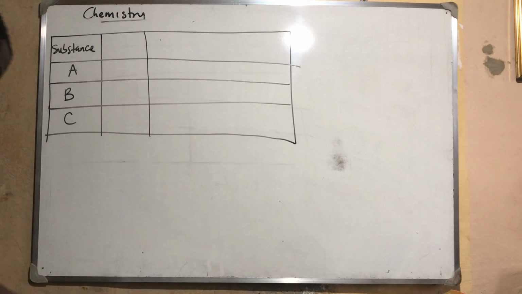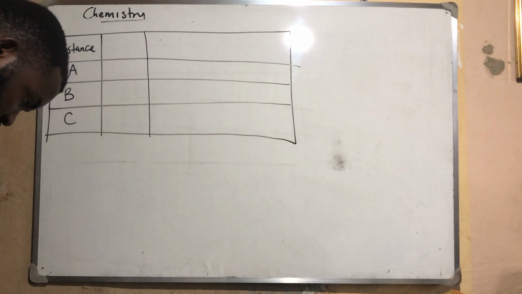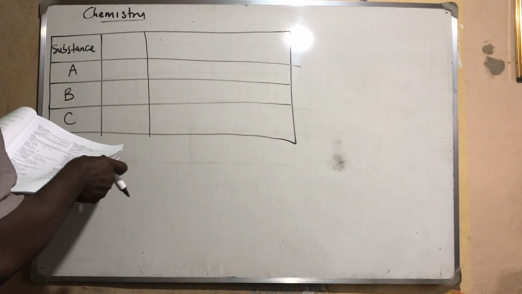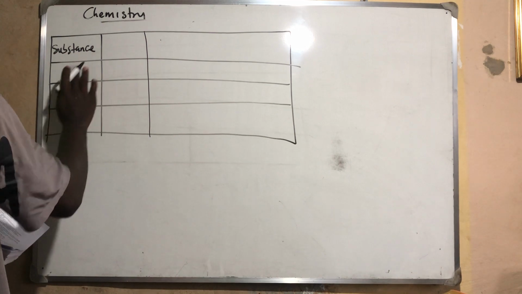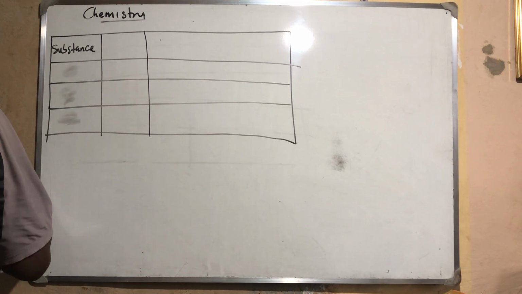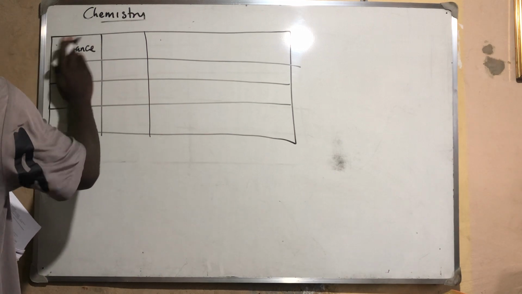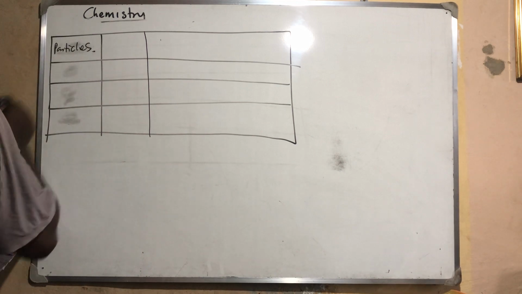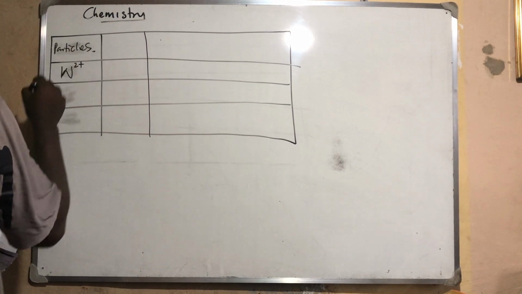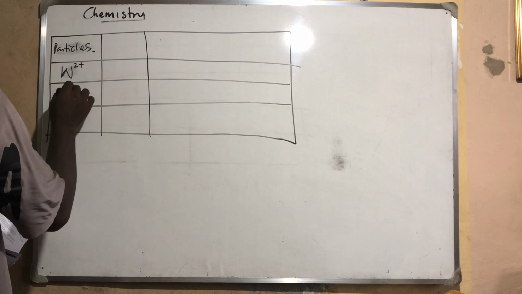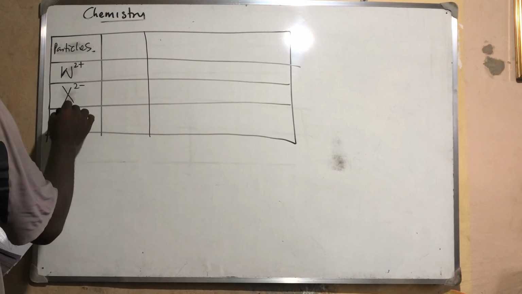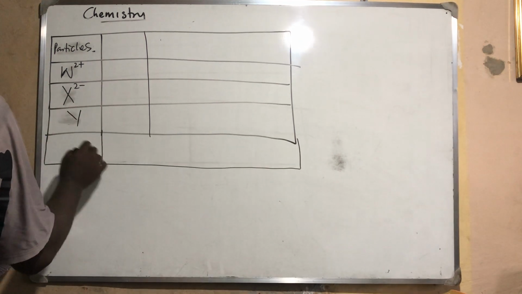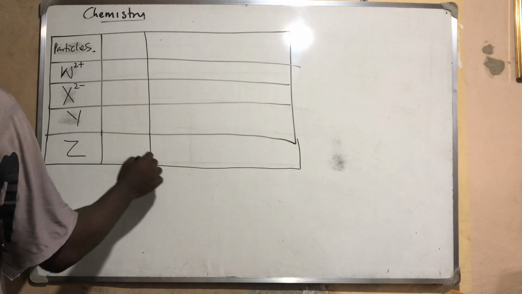Okay, it's not substance, they say particles. Okay, and they say that here is W2 plus. Here is X2 minus. Here is Y, and then the last one is Z.